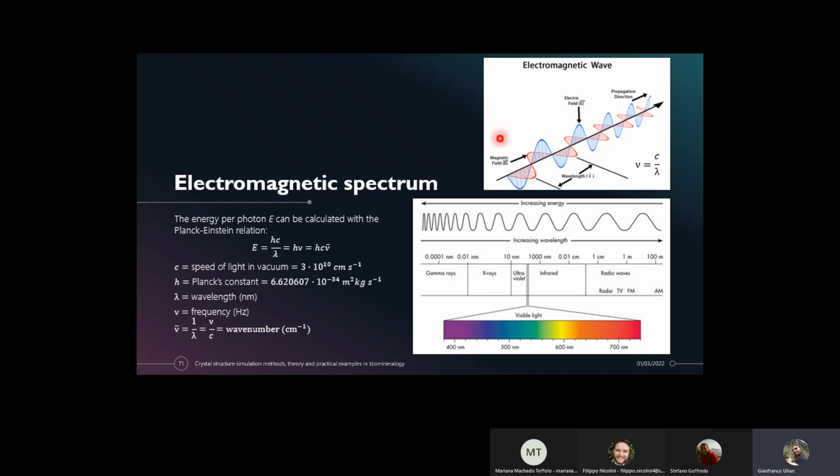An electromagnetic wave is composed of an oscillating electric field and an orthogonally oscillating magnetic field.